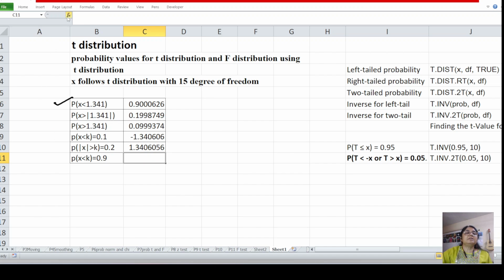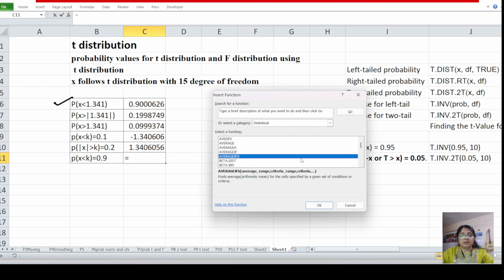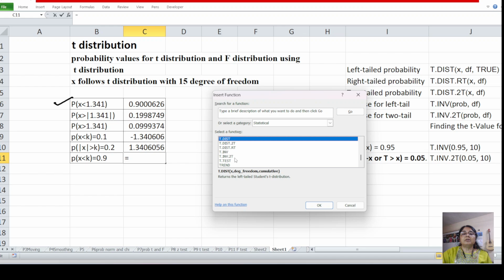So we'll consider this t distribution, inverse t.